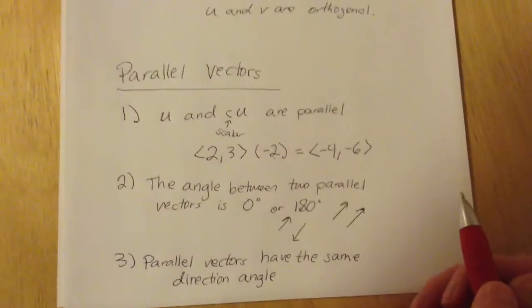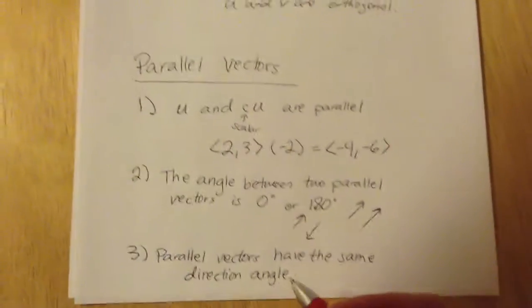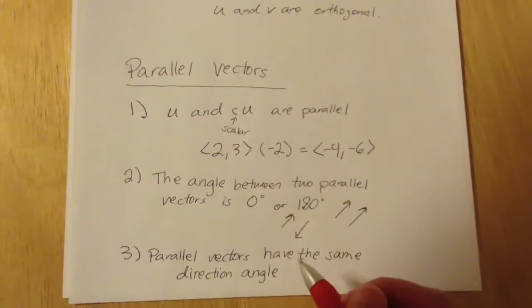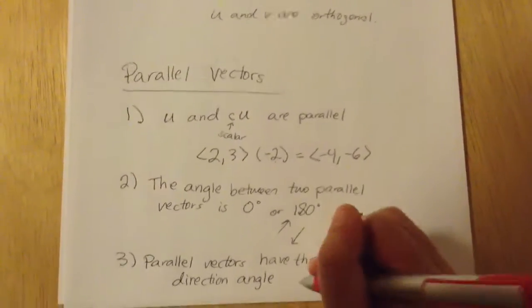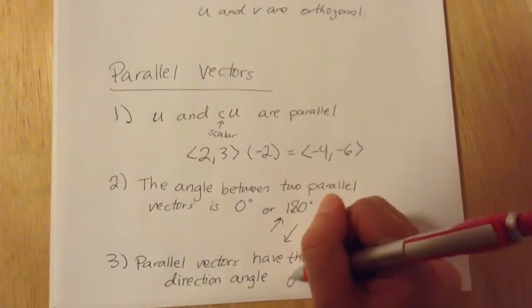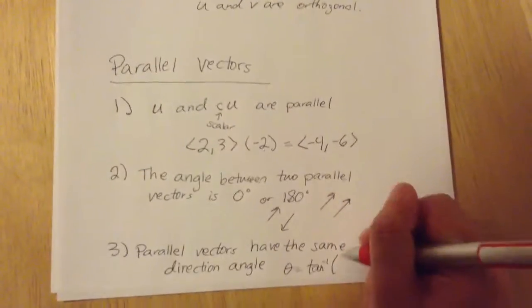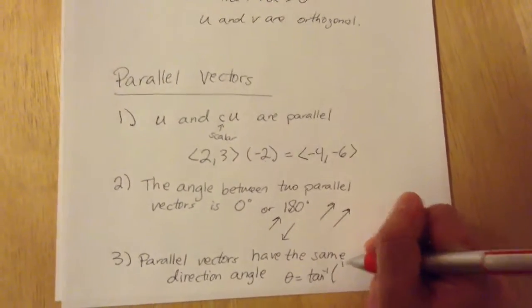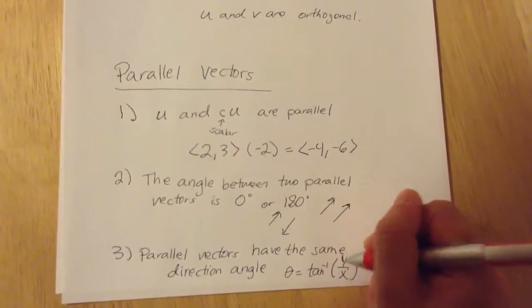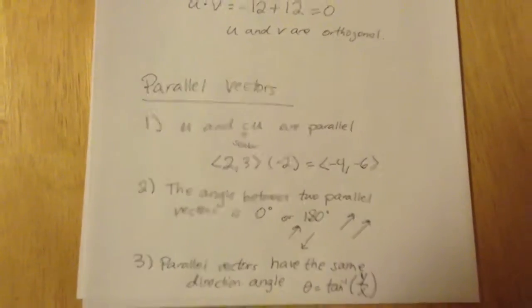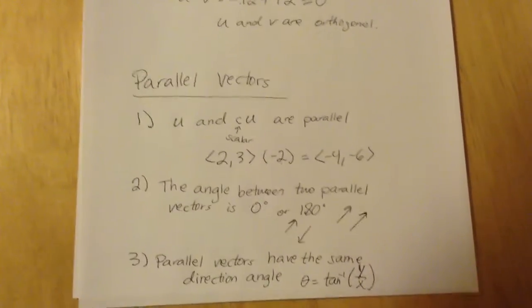The last way you could look at parallel vectors is that they have the exact same direction angle. So from day 1, the direction angle is the tangent inverse of y over x. If they have the same direction, then they are parallel.